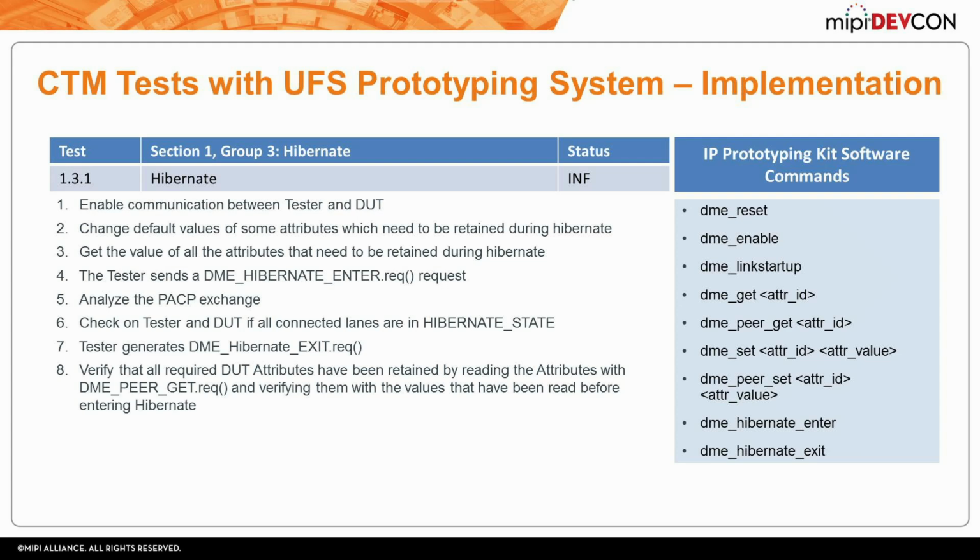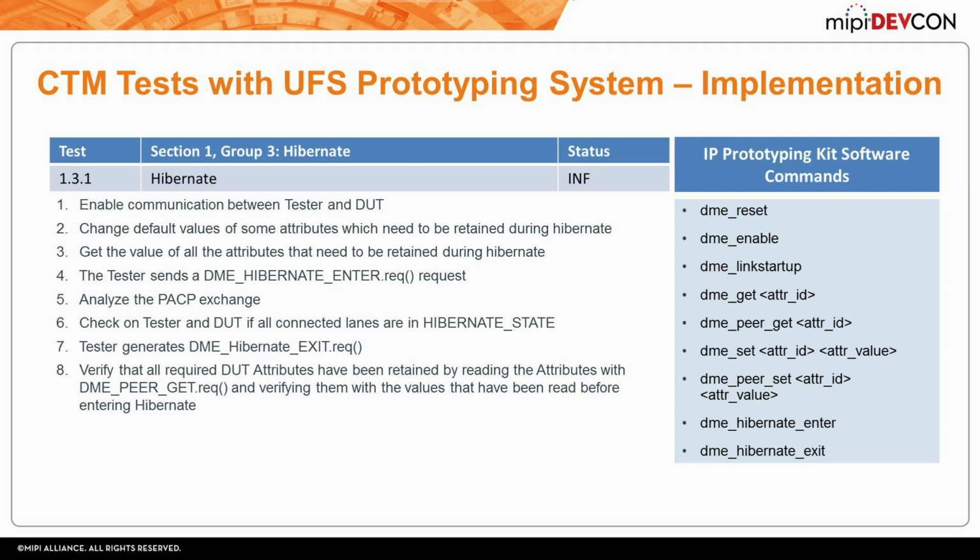So on this side, we have the test that we looked at before, and on this side are some of the commands that come in the application. If you look at the commands here, the first three commands, you have VMA reset, VMA enable. These first two are what you need to have the host in the enabled state. The third command will request the link startup sequence and will perform all the sequence that we analyzed before.